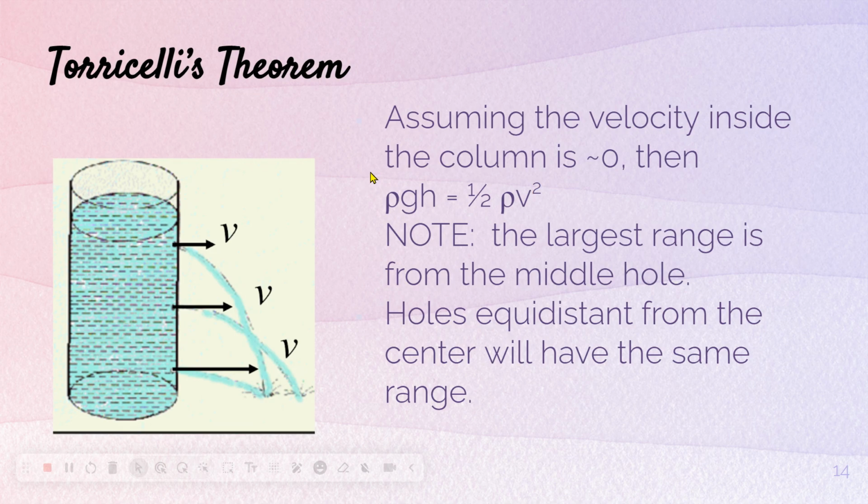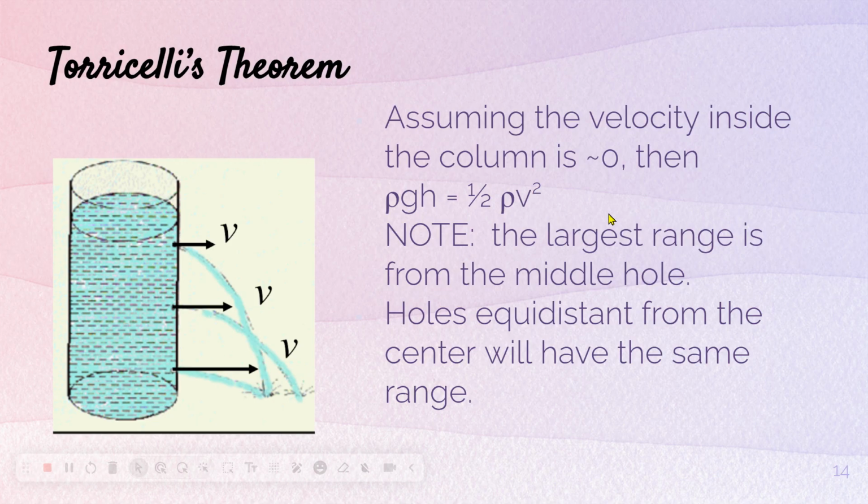Inside the column, all we have is pressure due to the height of the column, and outside all we have is the kinetic energy. And so what you get is the ability to have this equation now for a situation with a pipe with holes in it, vertical like that.